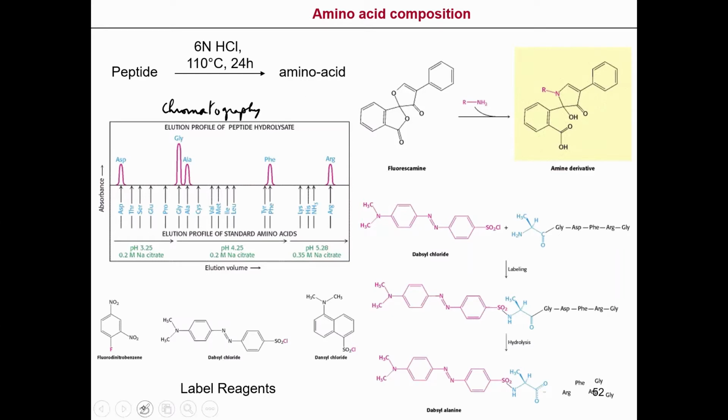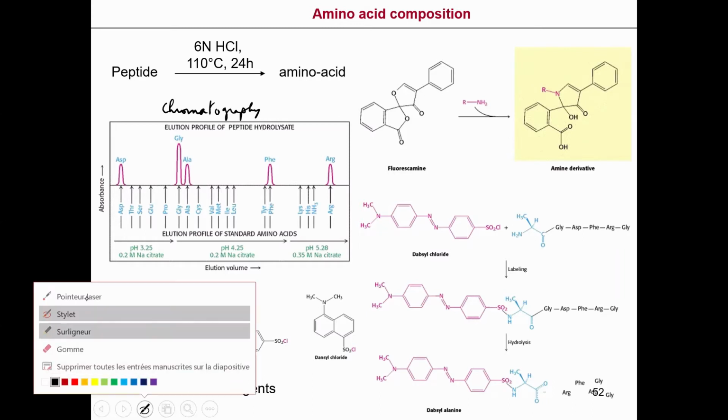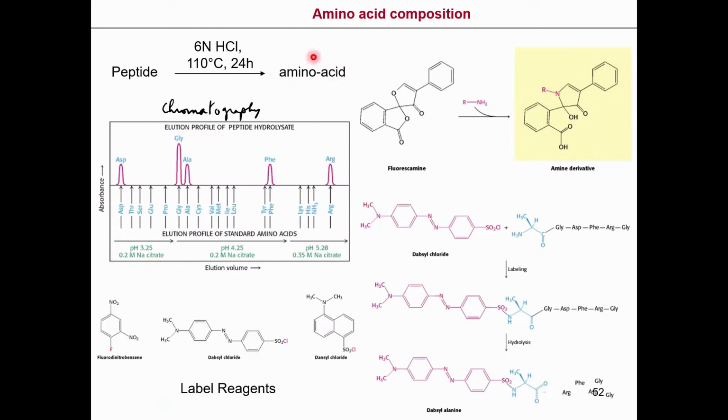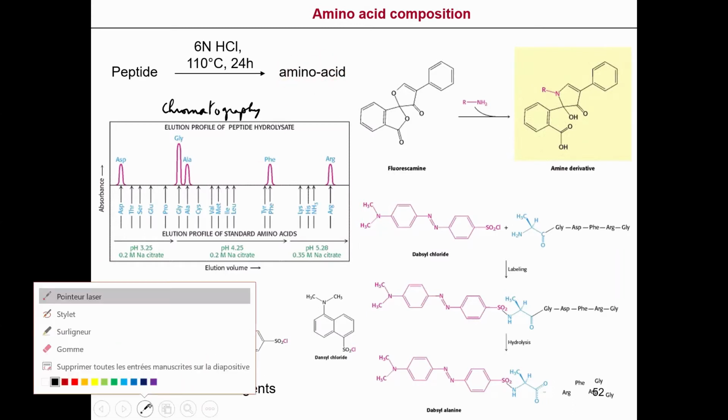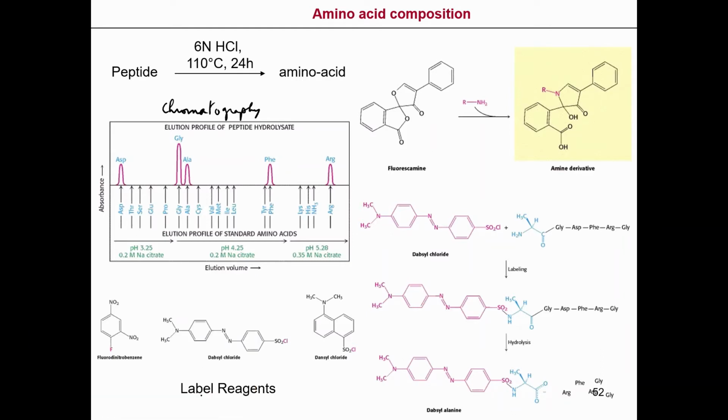And after, you remember the dye we use to analyze the amino acids? Ninhydrin? Yes. So when we add this ninhydrin, we can obtain the absorption of each amino acid.